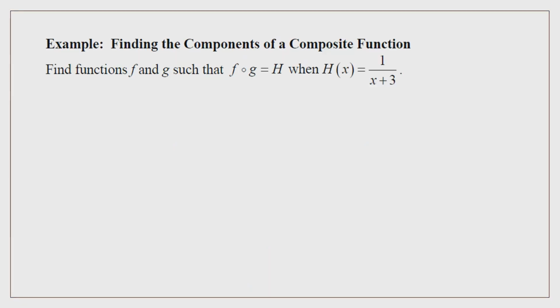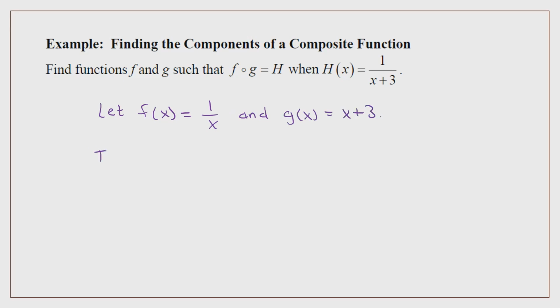All right, find functions f and g such that f composed with g equals h, where h of x equals 1 divided by x plus 3. So let's let f of x, since this is a ratio, equal 1 divided by x. Okay, and we'll let g of x equal x plus 3.